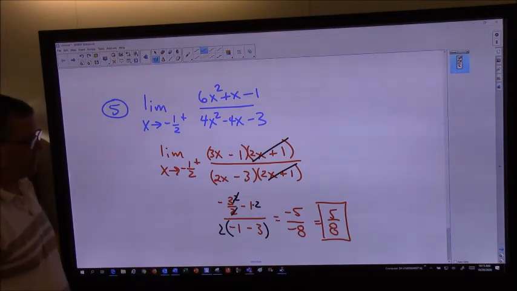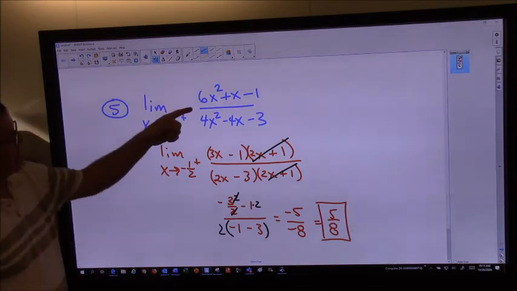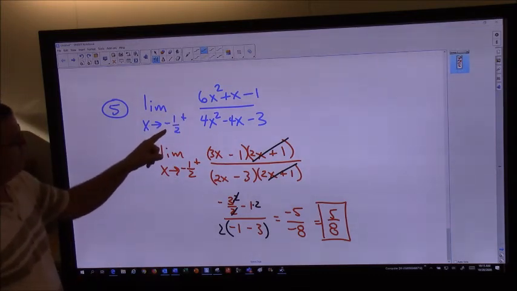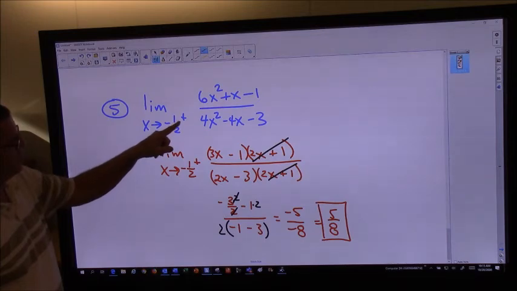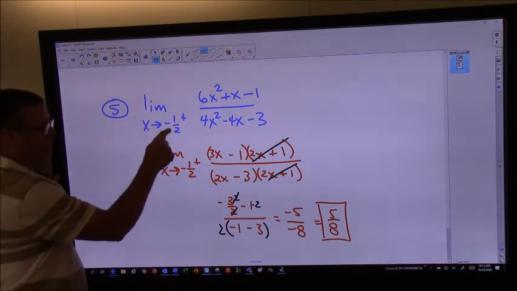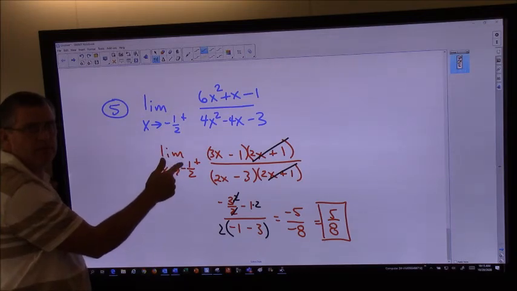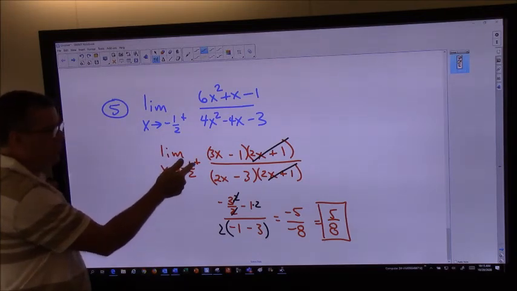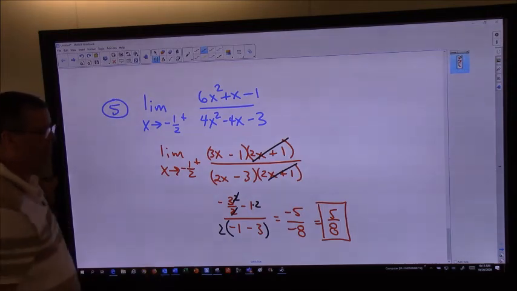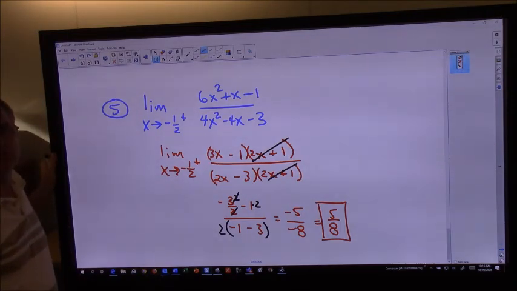Now how could I check this? If I graph this and get close to negative 1/2 from the larger side. By the way, when you do direct substitution, we don't really care from which side we're coming at this from, right? Really the only time I care about which side I'm coming at this from is when there's an asymptote.